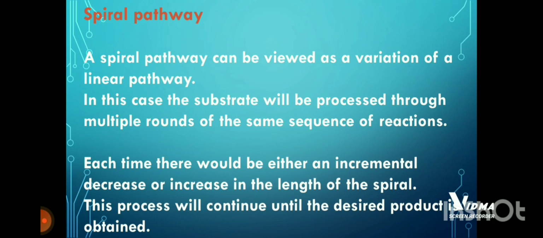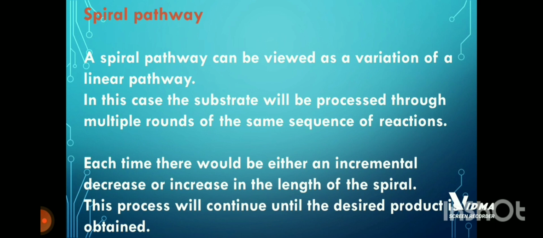It means in the linear pathway they are processed with a series of reactions, and in the spiral pathway they are processed through multiple rounds of the same sequence of reactions. In the spiral pathway, each time there is an incremental decrease or increase in the length. This process will continue until the desired product is obtained.